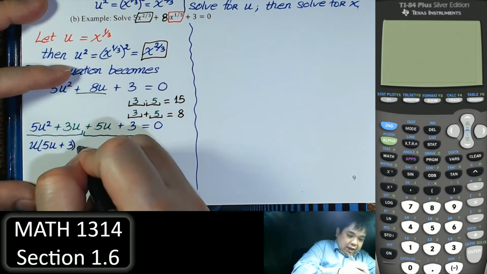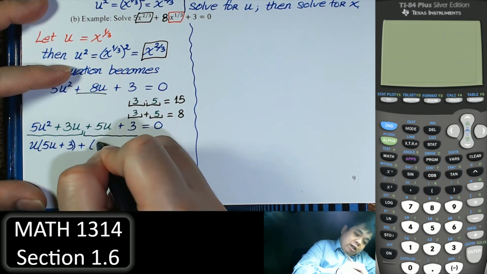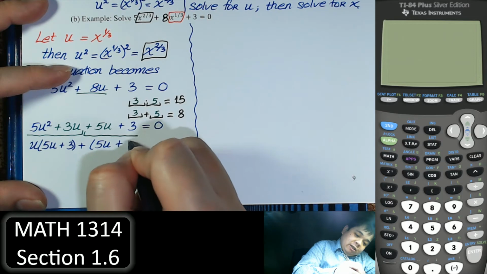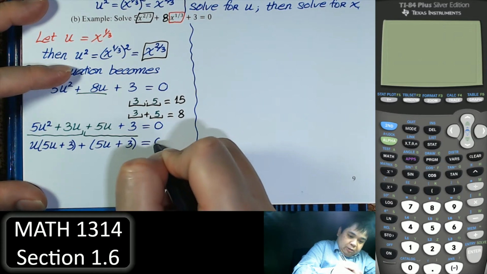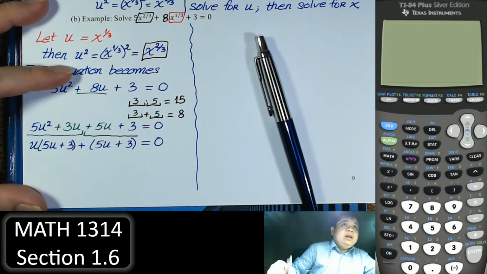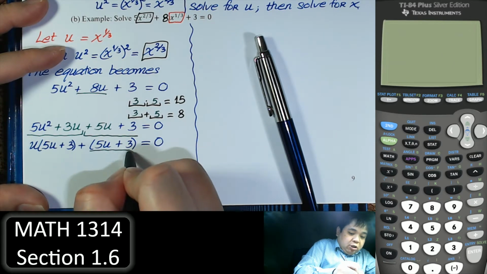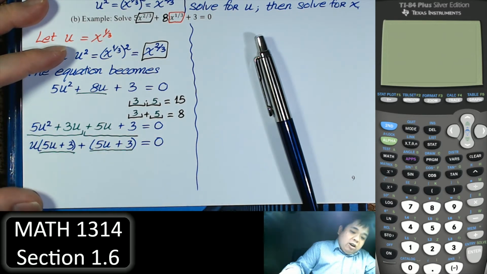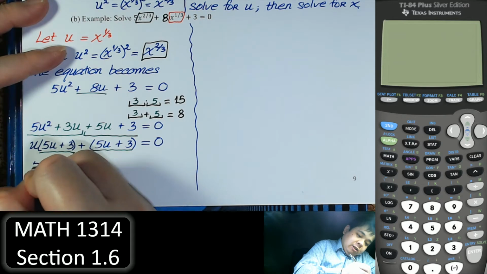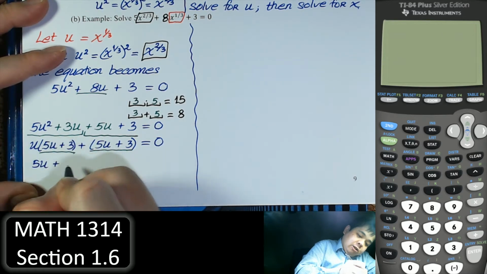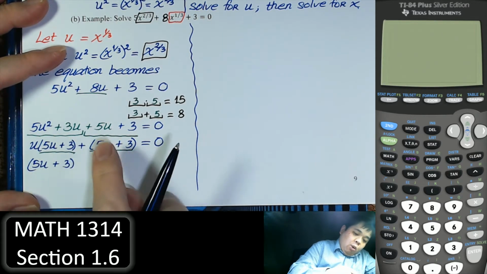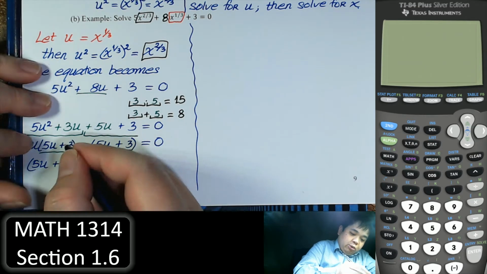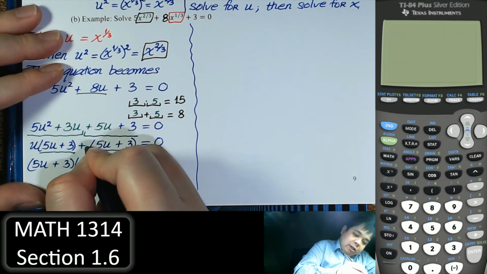And then 5u plus 3 has nothing in common there. Now we have 5u plus 3 in common. Factor it out. When we factor it out, we have a u left and a plus 1 here.